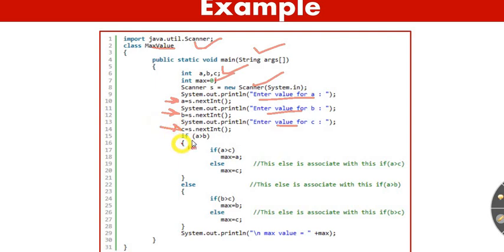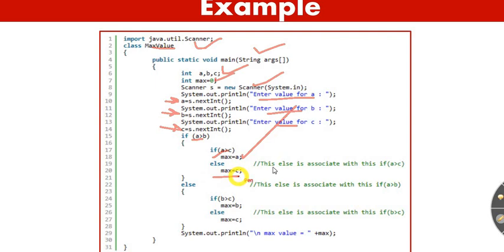Now we are checking the condition. If a is greater than b, that means a is greater. Again we are checking whether a is greater than c. That means who is greater? A. Otherwise, c.